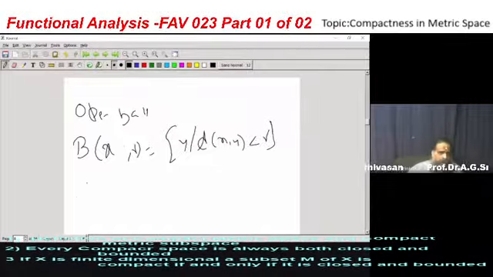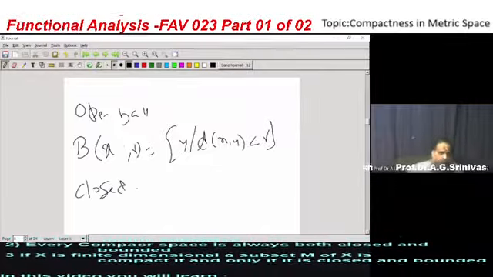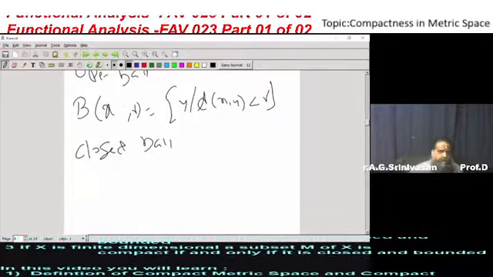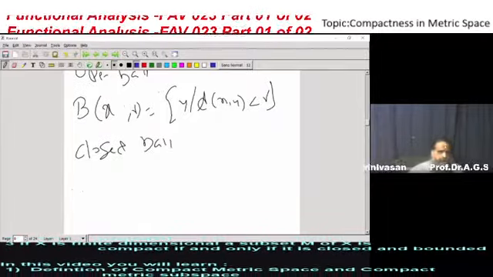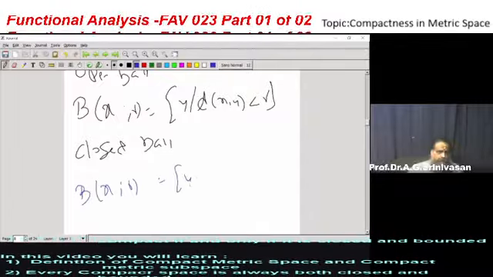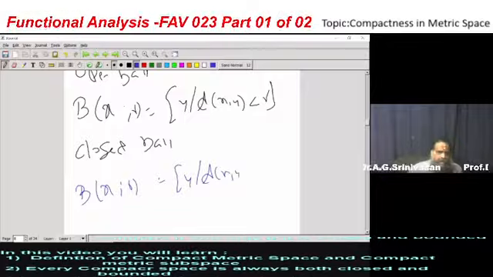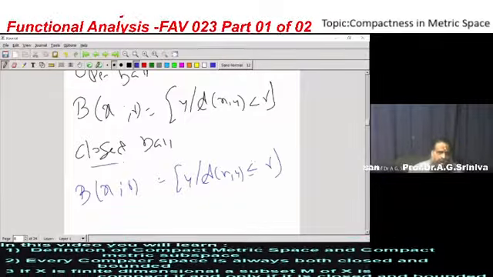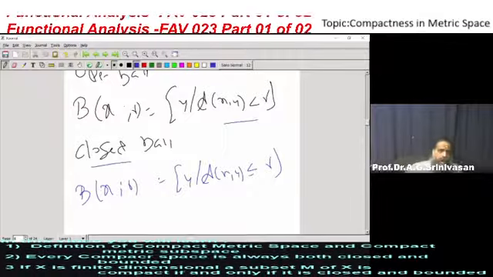This is an open ball. And what is a closed ball? A closed ball is B of x0, r equal to the set of all y such that d of x0, y is less than or equal to r. So if it is less than or equal to r, it's a closed ball. If it is less than r, it's an open ball.